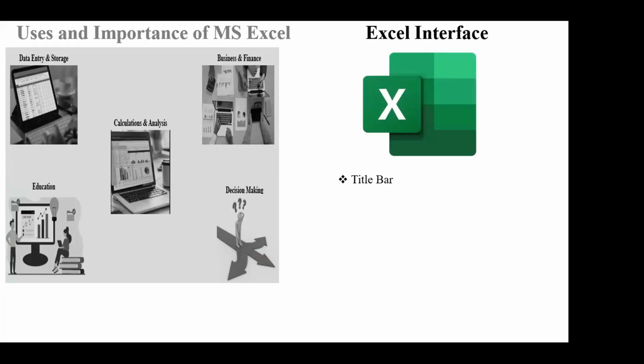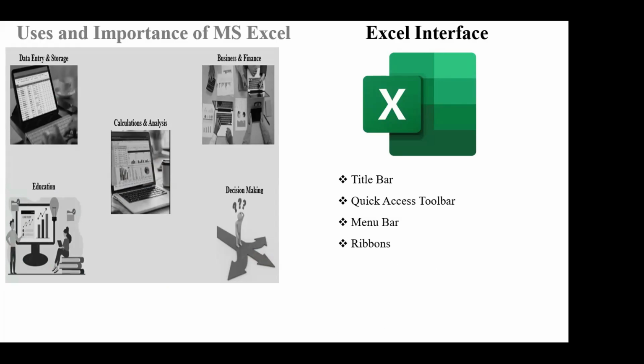The next thing is the Microsoft Excel interface. In the interface, the first thing we have is the title bar. Then we have the quick access toolbar, then the menu bar.